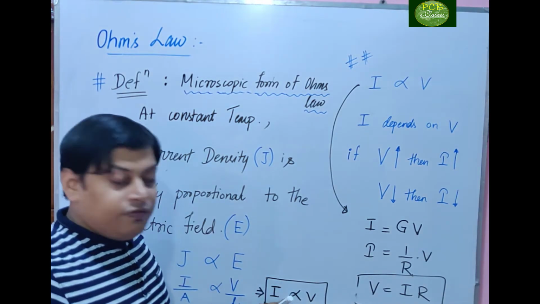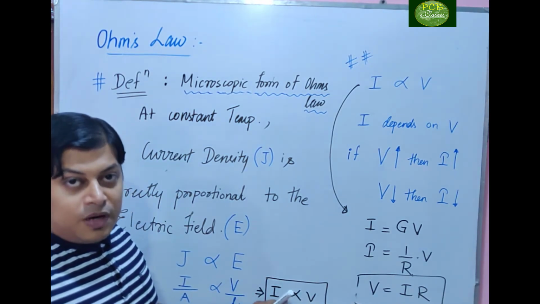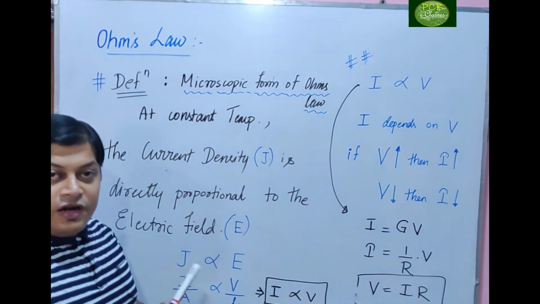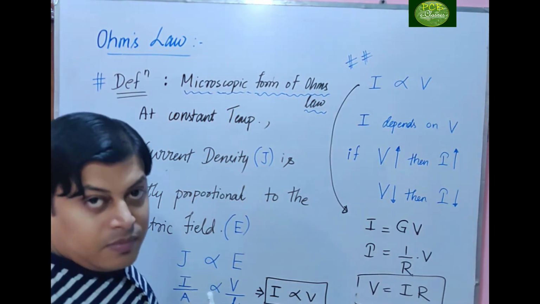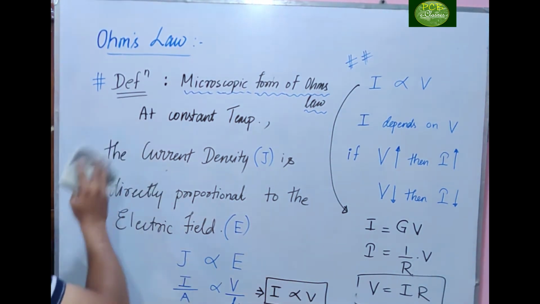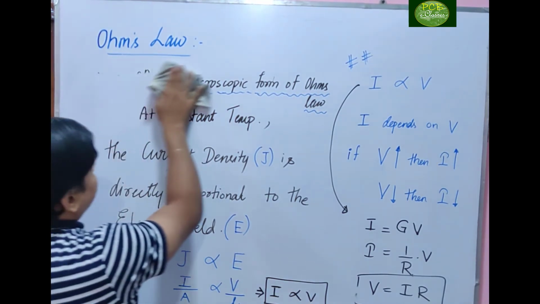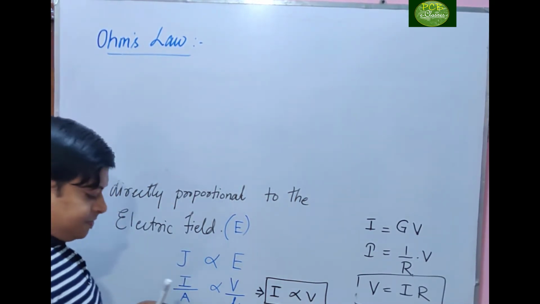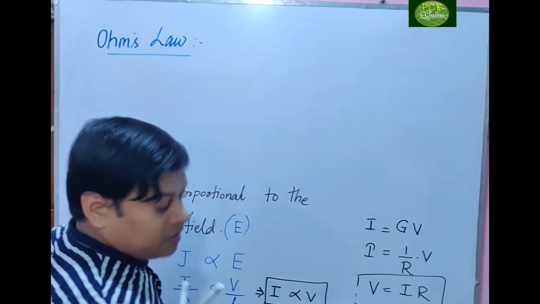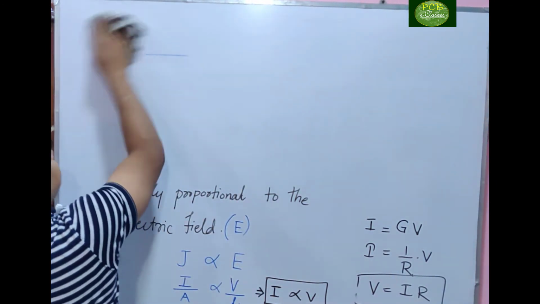Clear? So from here we have got the Ohm's law part. We will define it in a different way. Moving to the next one. Resistance. Next one is your resistance.